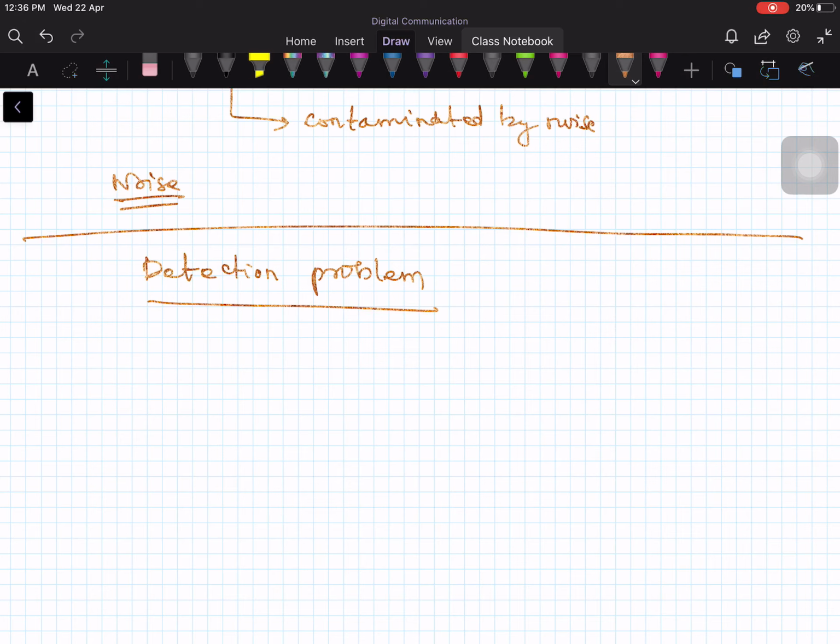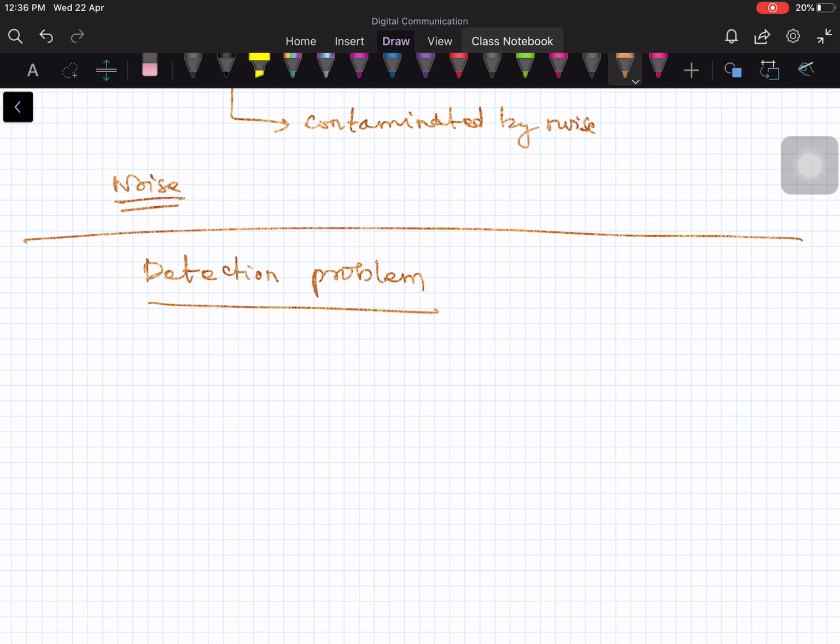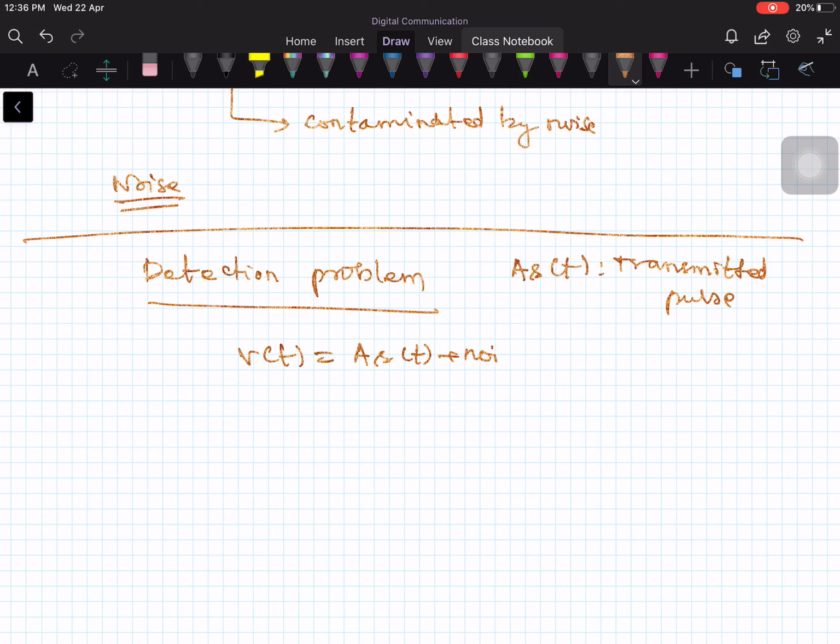So we will try to evaluate a strategy to detect whether a received signal, let me denote the received signal V of t, which is a noisy version of the transmitted pulse. Your transmitted pulse is A times S of t. So the received pulse is a noisy version of the transmitted pulse, A times S of t plus some noise.